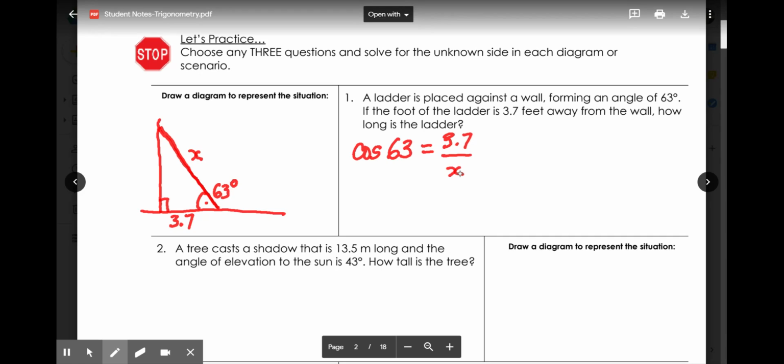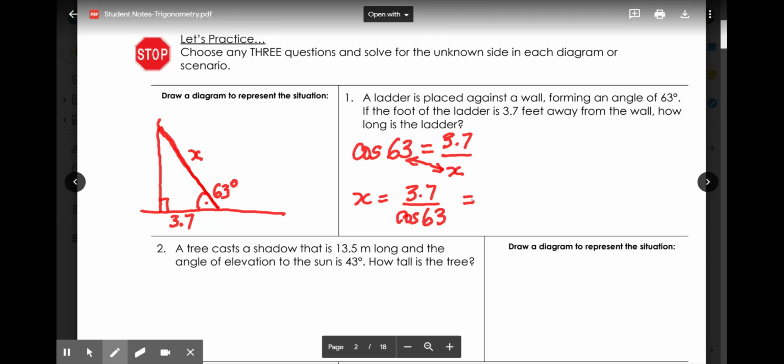Now notice the unknown is in the denominator, in which case we have to change these two around so that the x is isolated. And we get 3.7 over cos 63. So this is a division question. Whenever the variable's in the denominator, it ends up being a division question.